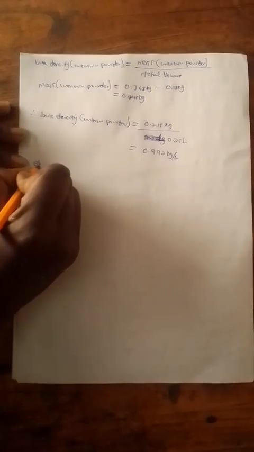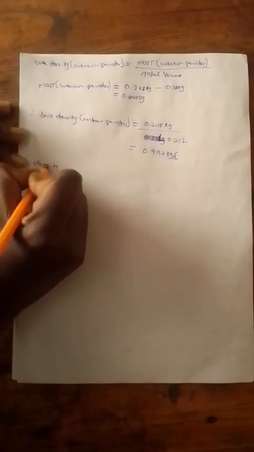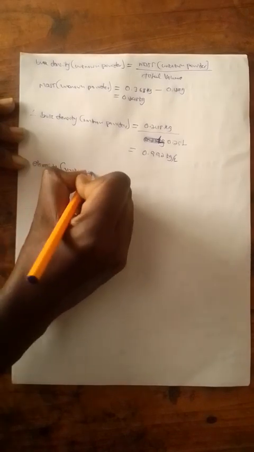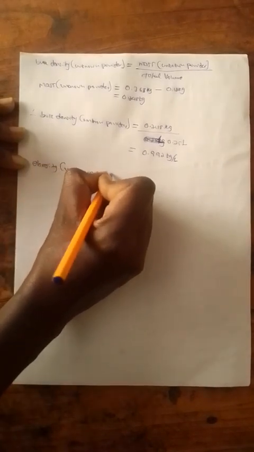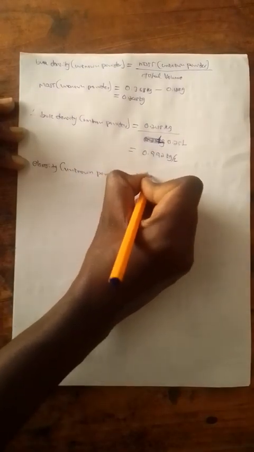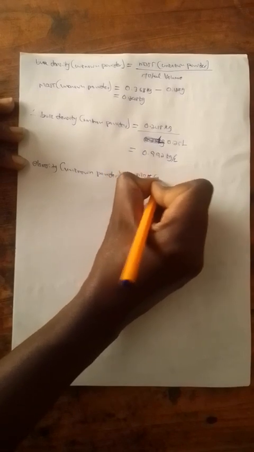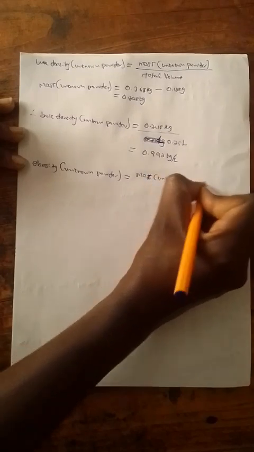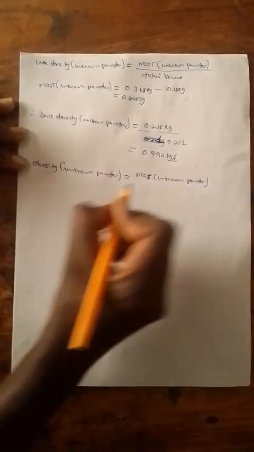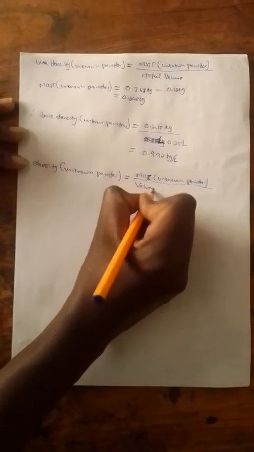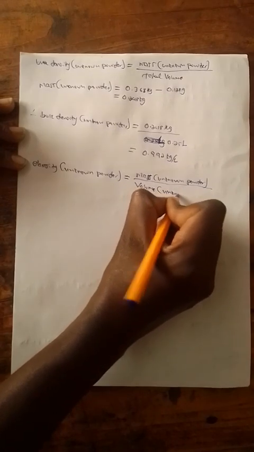The density of the unknown powder is equal to the mass of the unknown powder over the volume of the unknown powder.